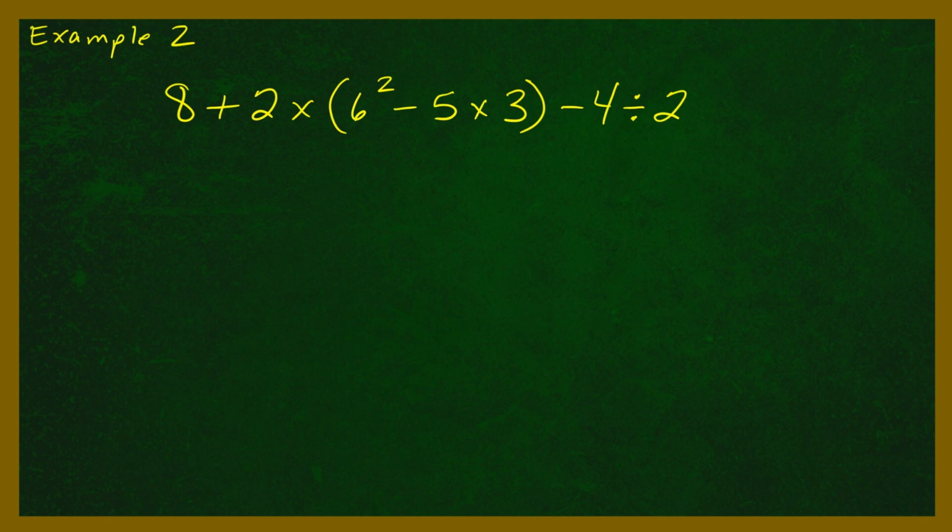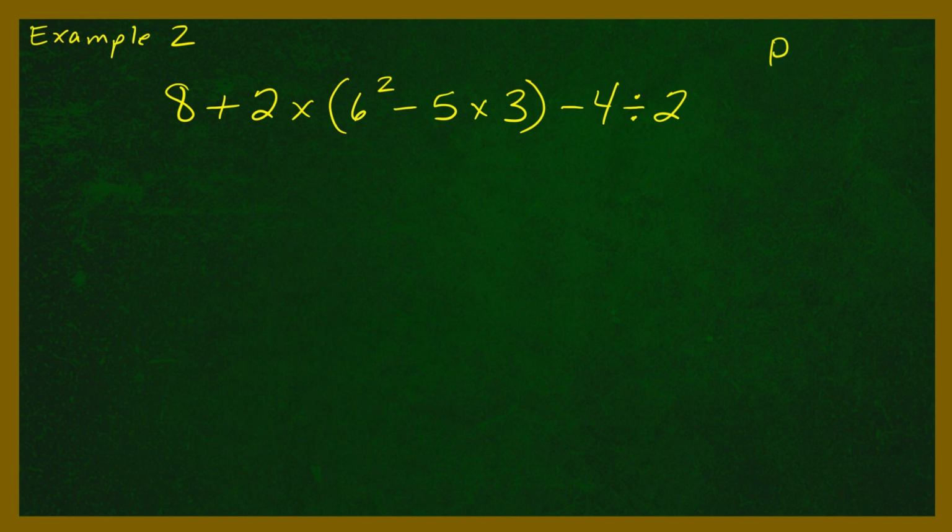Okay, taking a look at our next example here, we have quite a few terms. Okay, we have 8 plus 2 times the quantity of 6 squared minus 5 times 3 minus 4 divided by 2. So the first thing we're going to do is look for our parentheses.